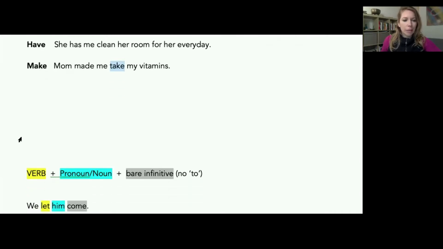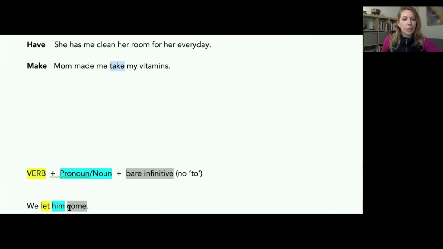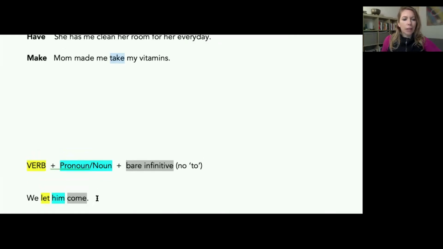Let's look at some examples. We let him come. Here's my verb, let, my pronoun or noun, him, and come. This is interesting because it could be yesterday. Let's do a little playfulness with some tenses. Yesterday, we let him come. And present tense, today, we let him come.